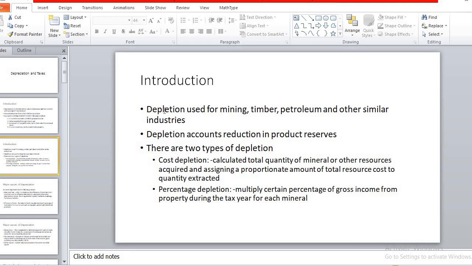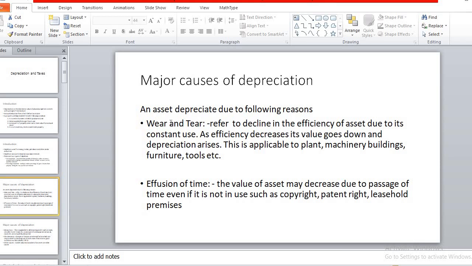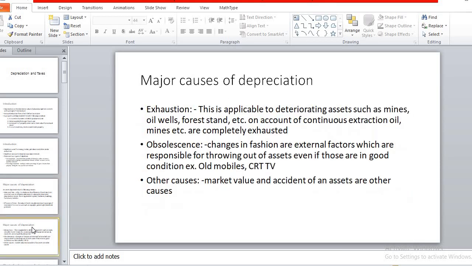One more term is depletion, for some resources which deteriorate after a certain period of time. As time passes they deteriorate. For such cases, the depreciation term is considered as depletion. And what are the major causes of depreciation? That we discussed in the last video.